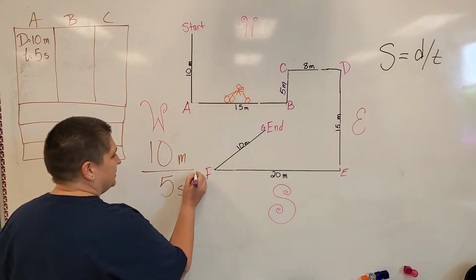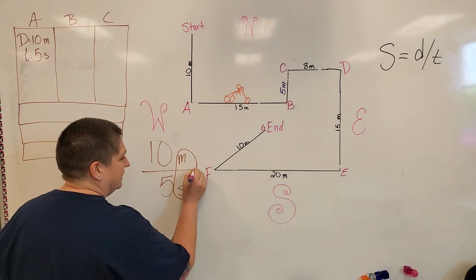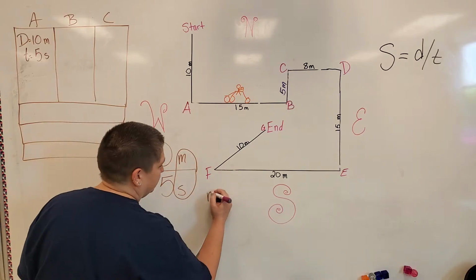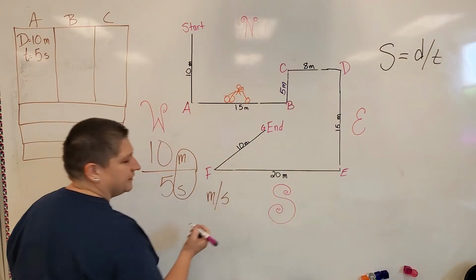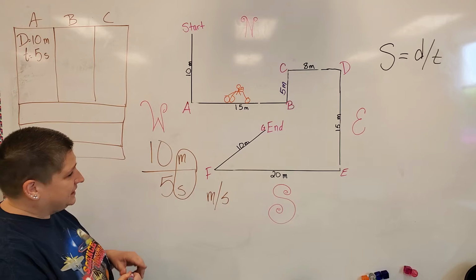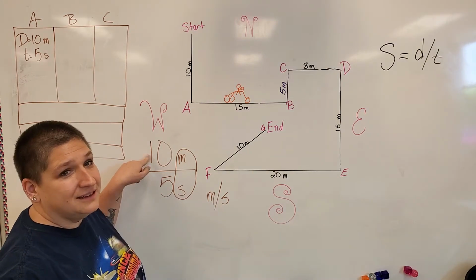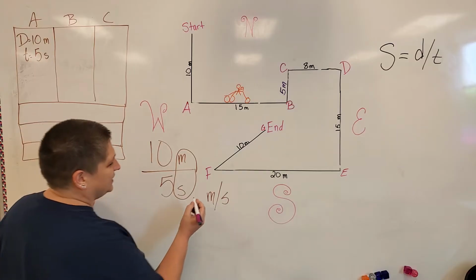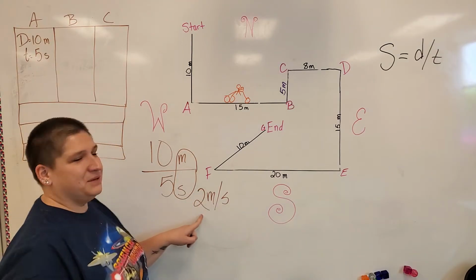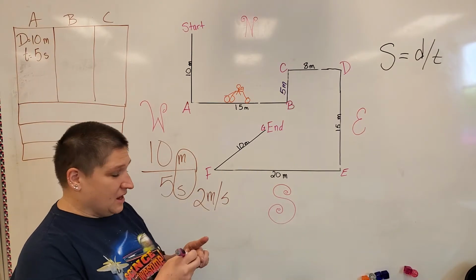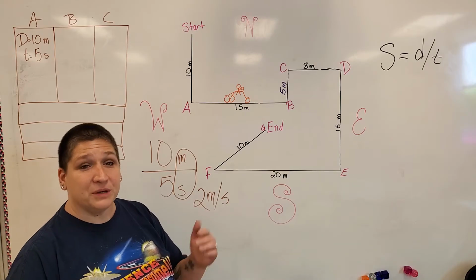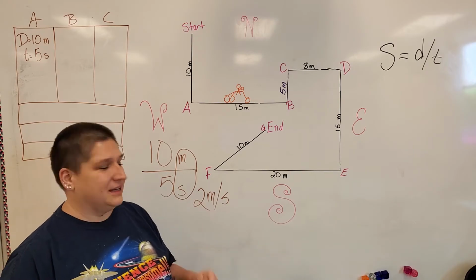So the first thing I want to do is take my meters per second, and shoot them off to the side here and go meters per second. Now I'm just going to simply divide. How many times does 5 go into 10? 2. So what's my speed? 2 meters per second.